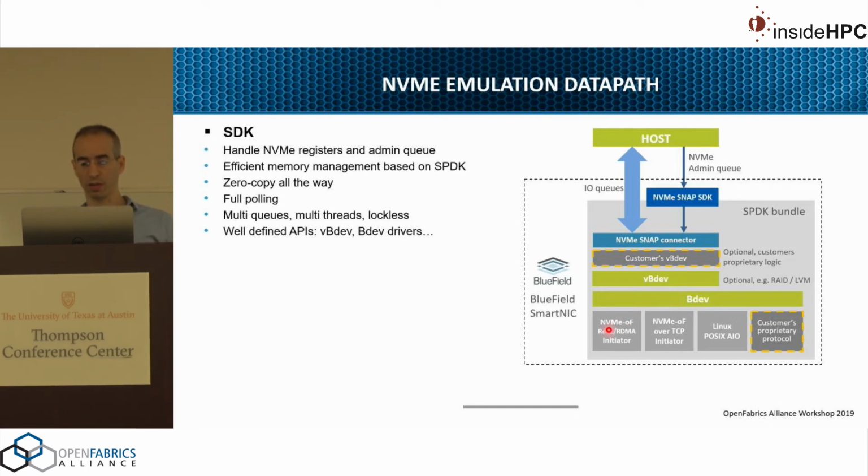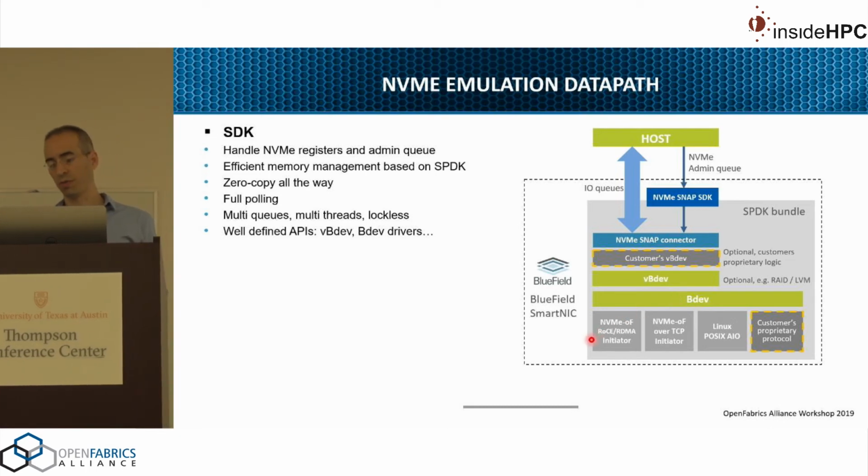And the block device can be, of course, NVMe Over Fabrics over RDMA, which in that case we can offload completely to the hardware. But it can also be mapped to any other VBDev, NVMe Over Fabrics over TCP, or any Linux POSIX AIO. If you have a VBDev for iSCSI or for other protocols, you can use that.